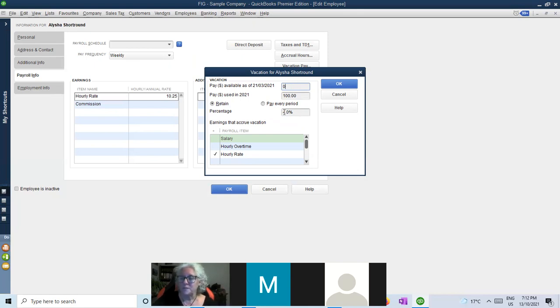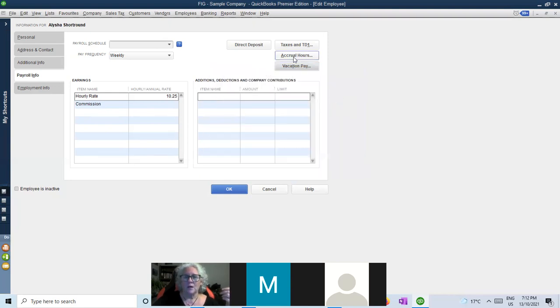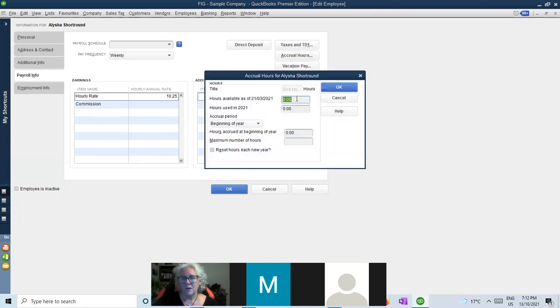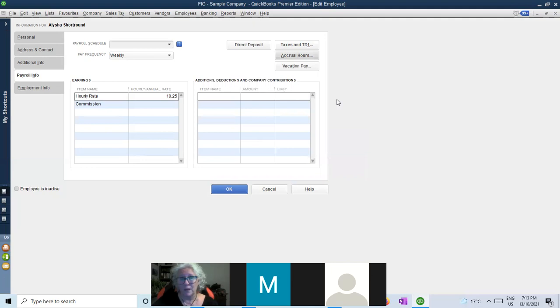And is it 4%, 6%, or 8%, which determines the amount of time that they've been working for you, or if you want to give them 6% because they're doing a great job and they're a great asset to your company. Nothing like that is cast in stone. That's up to you. Accrued hours, same thing. Most people don't really track the hours. It's really the accrued vacation pay, but you want to come in here and fill this out.